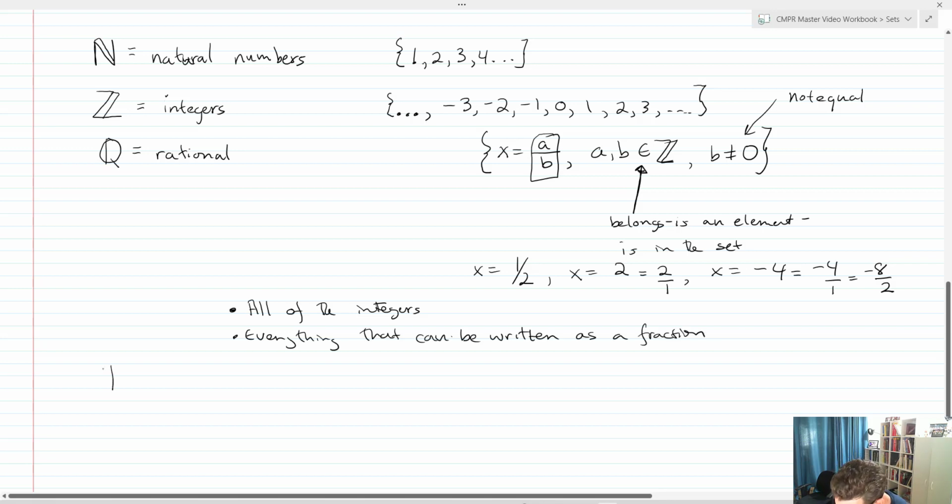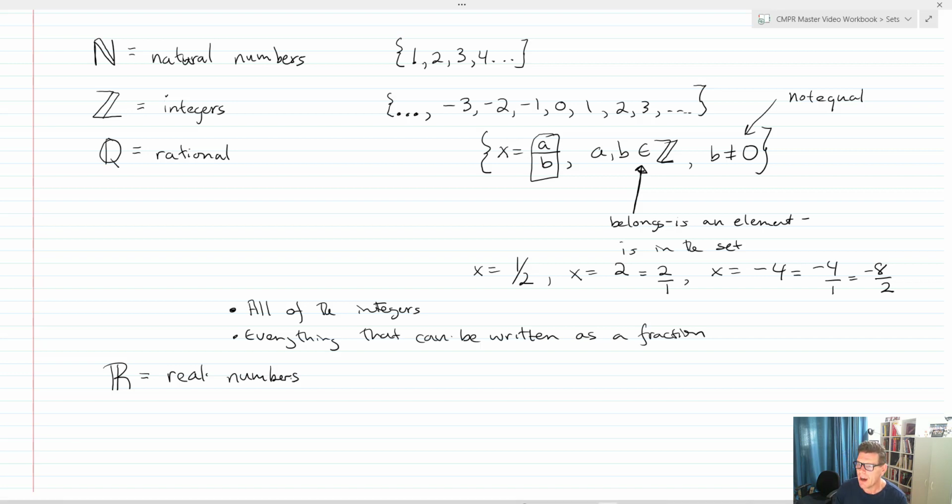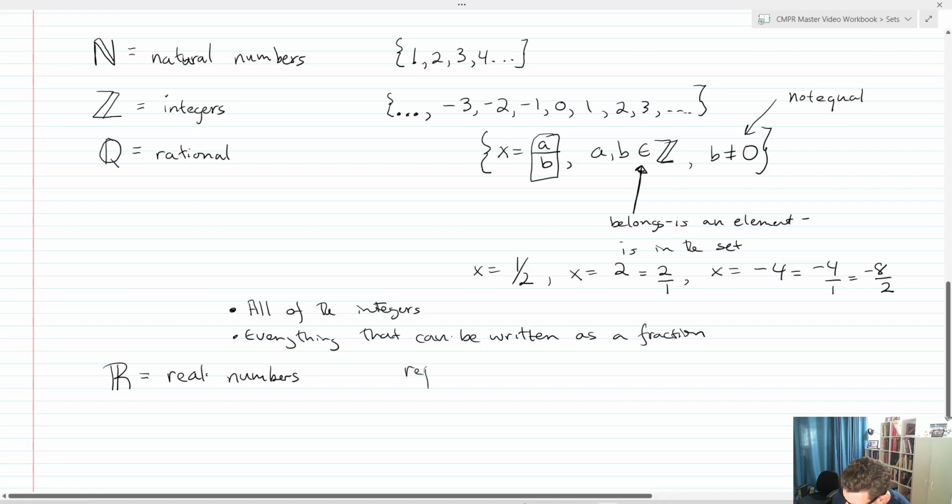The last one we're going to have here are the real numbers, the reals. Basically they make up the rationals and all these other things called the irrationals. They are represented by the real number line.